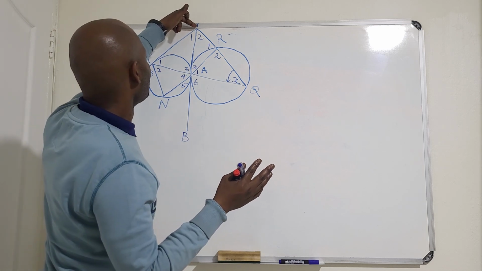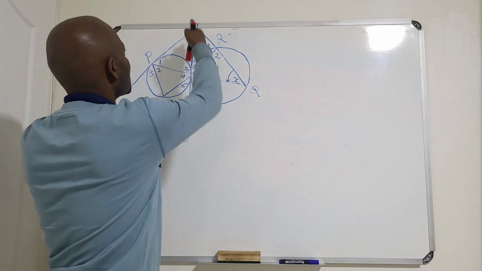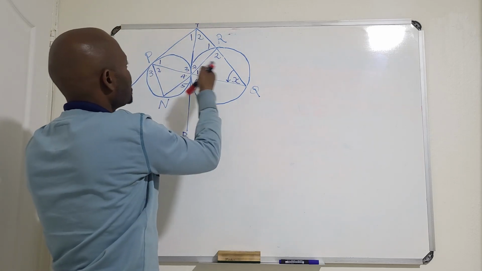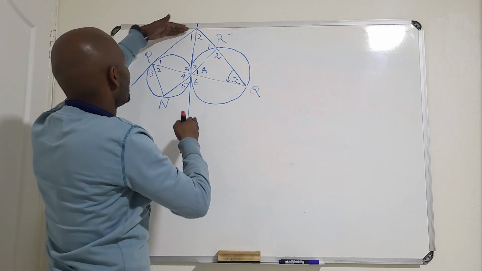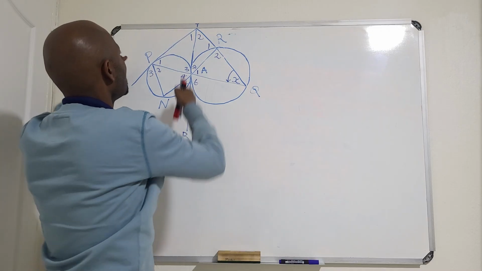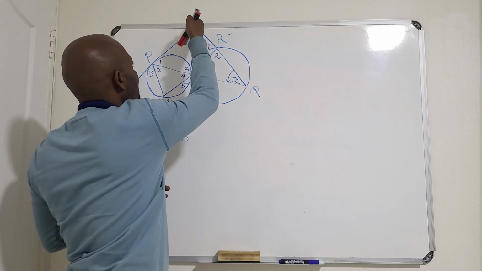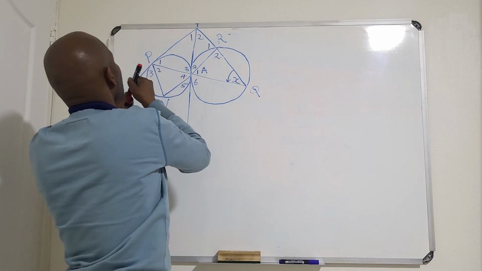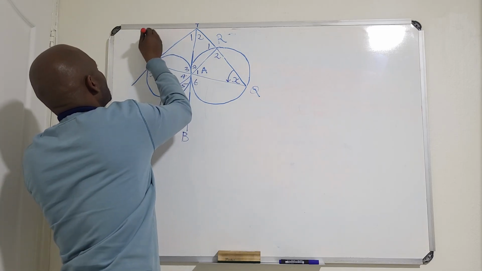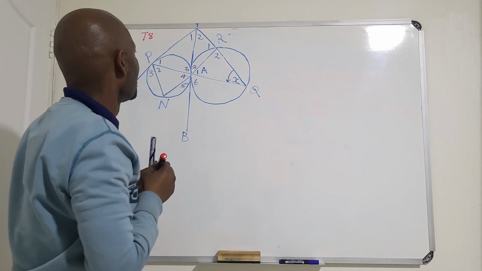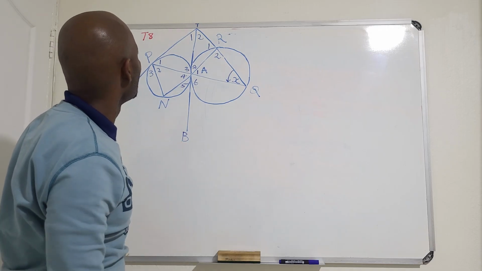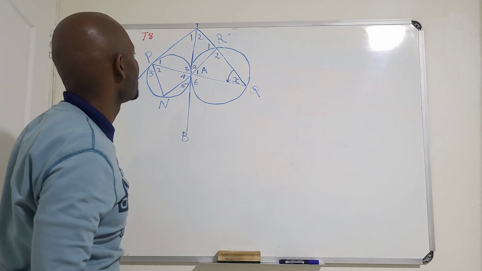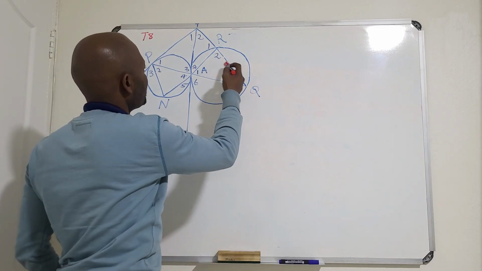Theorem number 8, tangents from the same point. Probably there are, because you can see this is a common tangent to this and that. Then this is a tangent. Therefore, we do have a tangent. Theorem number 8, T8, is there. Do we have theorem number 9, the tan chord theorem? Yes, we do, because look at this angle.